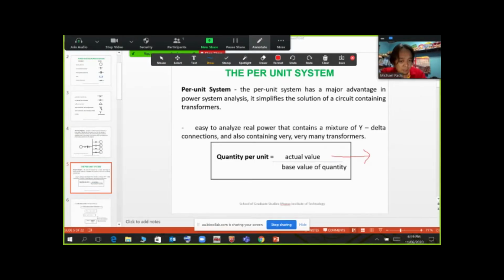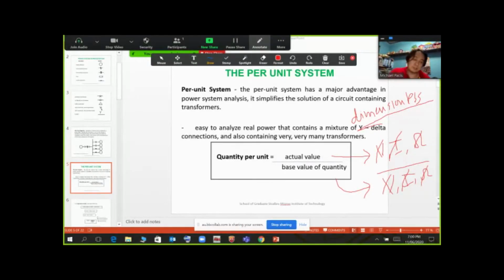Obviously, dimensionless, because the given actual values in your power system have units, such as voltage, current, and impedance in ohms. The base quantity has the same unit, so the units will cancel. And thus, if you cancel the units here, the system is considered dimensionless.